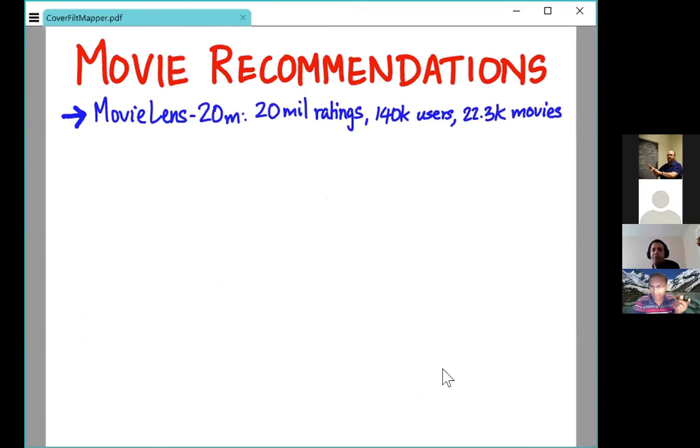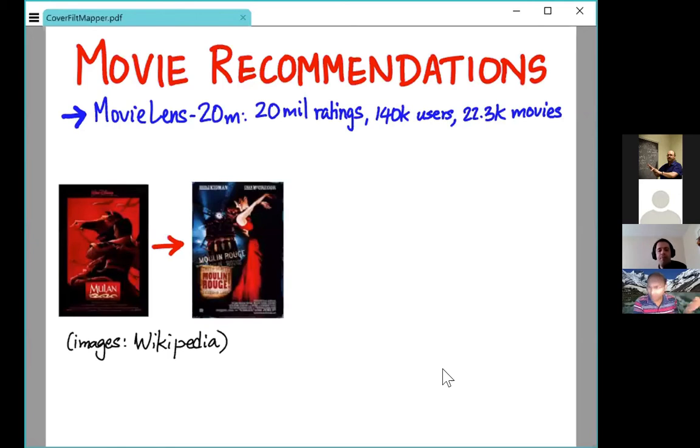So as a direct application, we looked at a MovieLens 20 million data set. This is an open source database of more than 20 million ratings by about 140,000 users, more than 22,000 movies. So we did this pipeline.